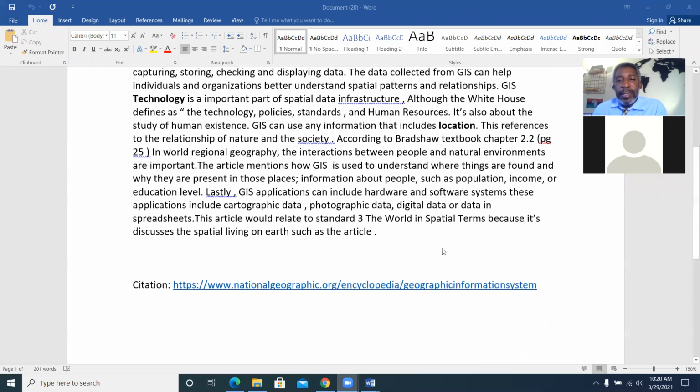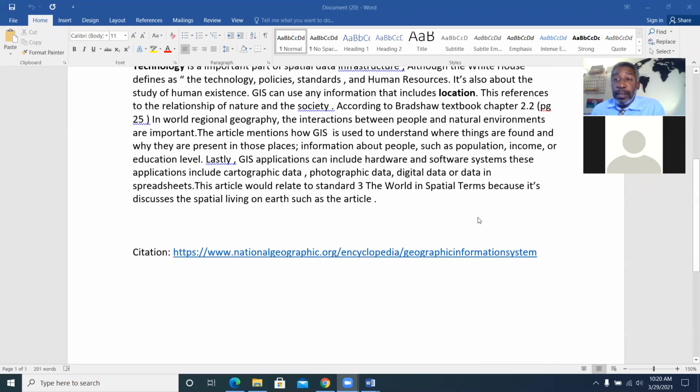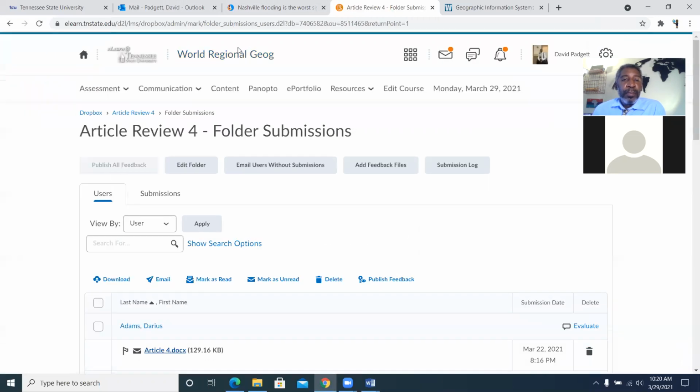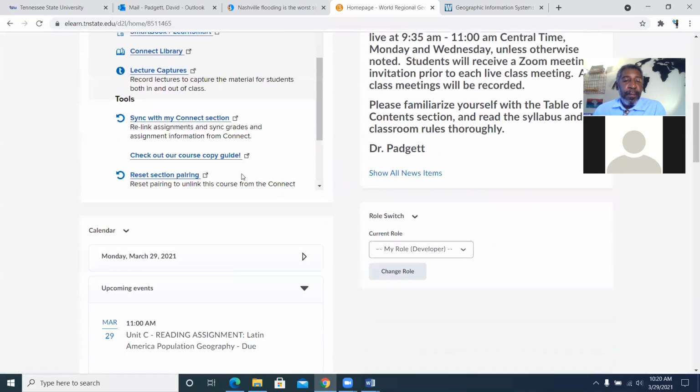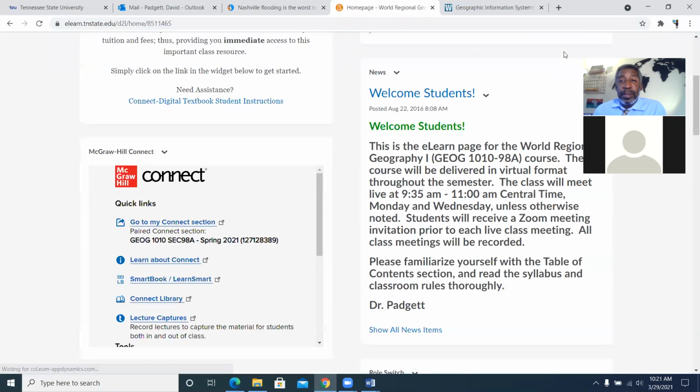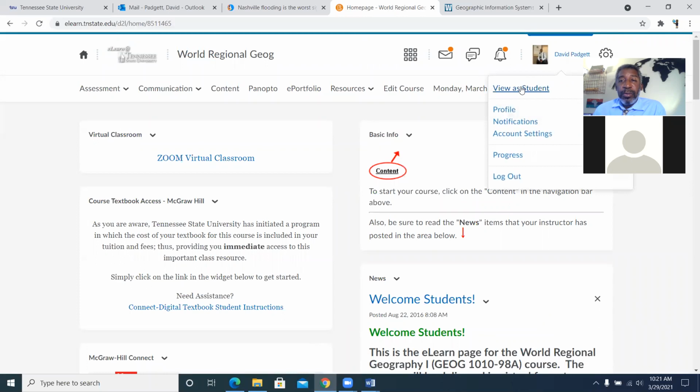And the citation has to be in a specific format, either APA or MLA. Most of the other article reviews that I've shown you have a correctly formatted citation. If again you need help with that, in content, well, actually, along with the instructions in the Dropbox, I have this in several places. You go to student view.